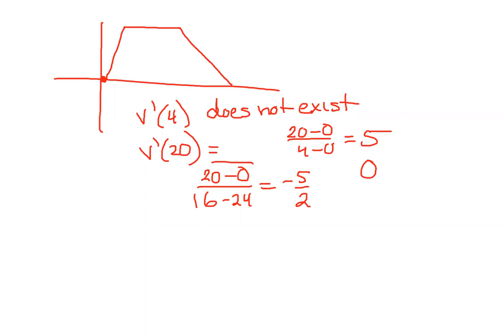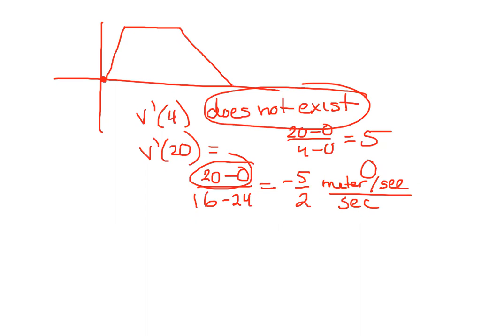Well, the top here is y, which is meters per second, and the bottom is seconds, so it would be meters per second squared. So for this problem, you would get 1 point for this, 1 point for this, and 1 point for the units.